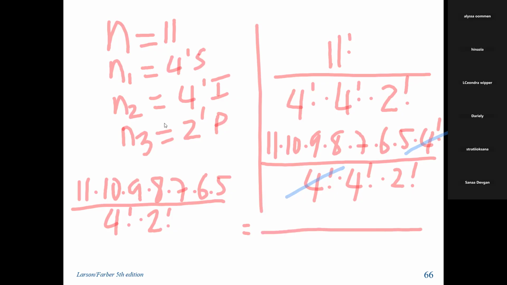You multiply the bottom, so 4 times 3 times 2 times 1 times 2 times 1.